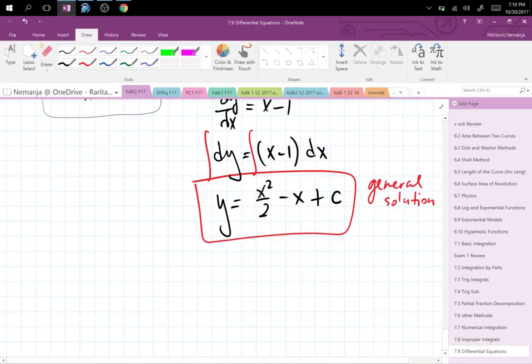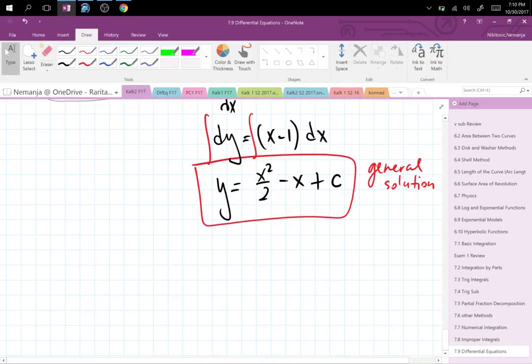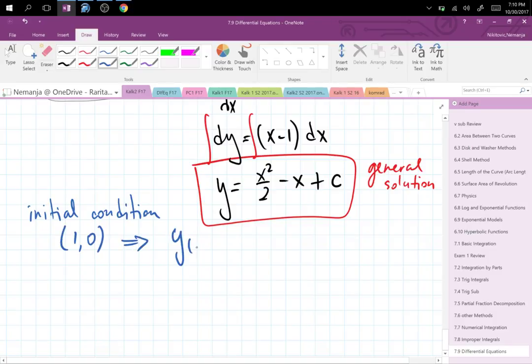To write what we call an initial condition, (1, 0) means that y of 1 is equal to 0.